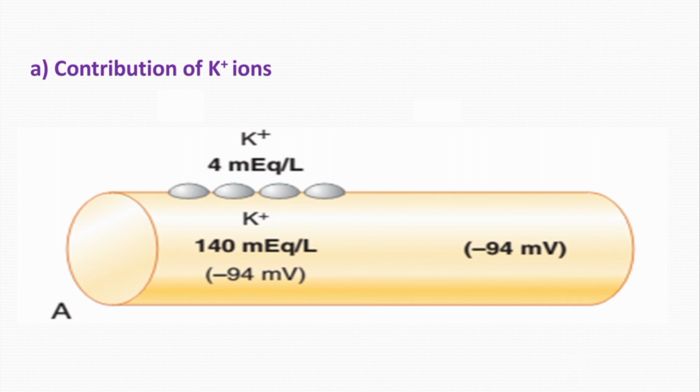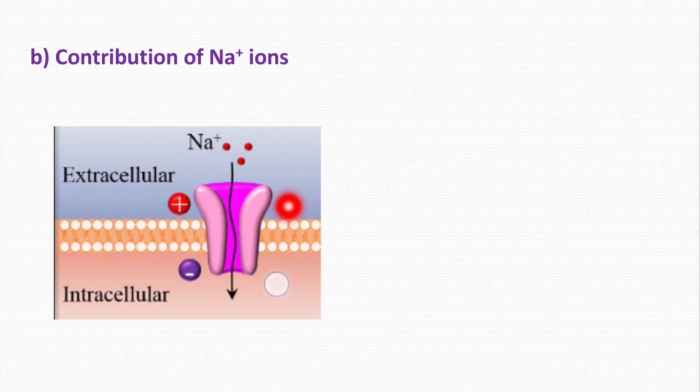But we know that the membrane is also permeable to sodium ions. So this is the sodium leak channel. It is also present in the membrane, and through this channel the sodium ions move from outside to inside along their concentration gradient.